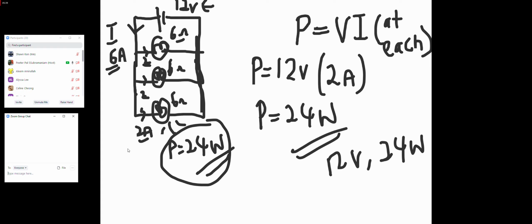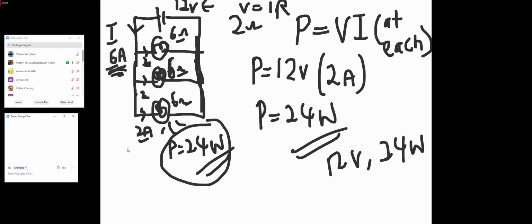Each one was 6 ohms. We found the total resistance is only 2 ohms. With that, we find the main current. We use the formula V equals IR. We found the main current was 6 ampere. Since it's parallel and every bulb has an equal 6 ohm resistance, each branch will get 2 ampere.